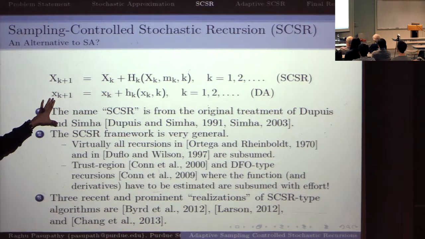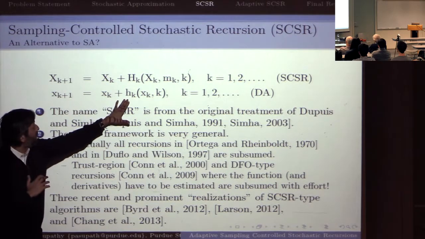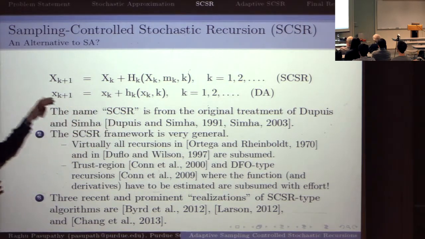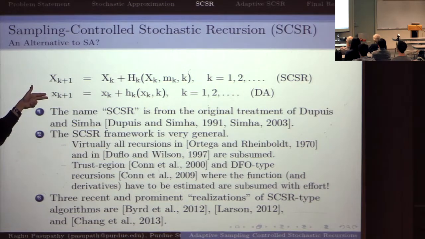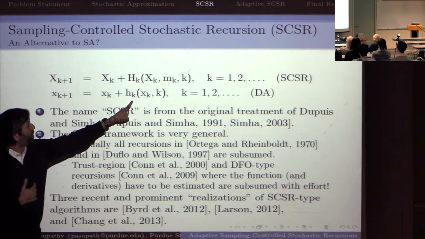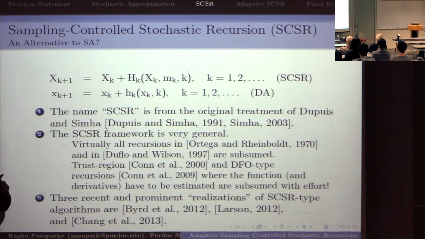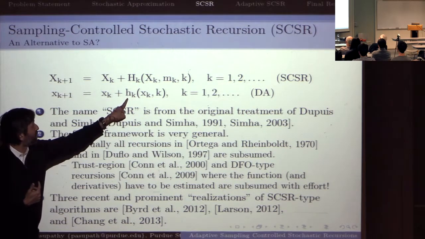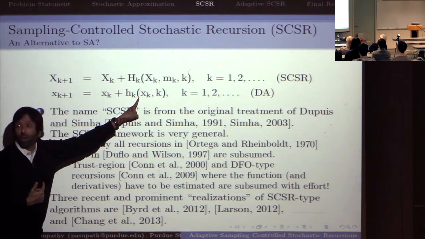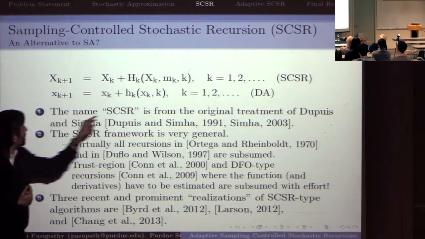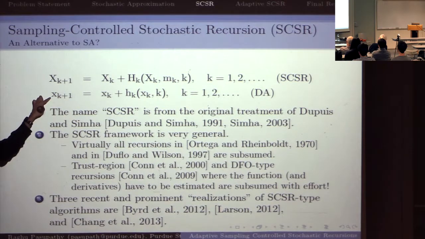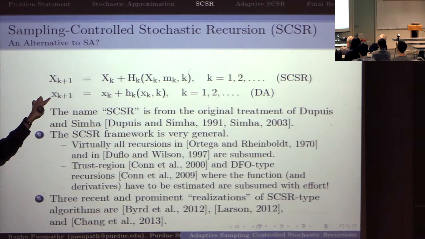We have a recursion of the form x_{k+1} equals x_k plus h_k. So all of this has basically been subsumed into this object. If you're thinking about a quasi-Newton, you have the deterministic derivative estimates and the observed value, all of this is hidden within this object. Right? So we think of this recursion as a recursion to solve your optimization problem.